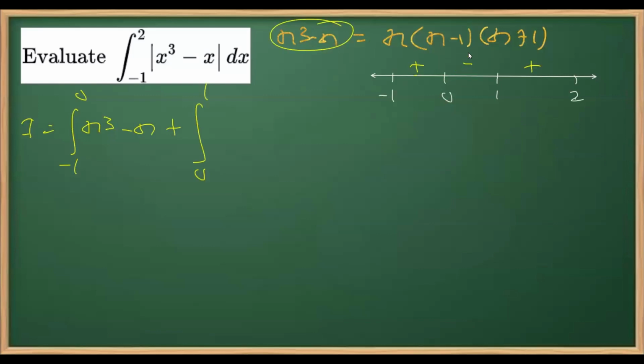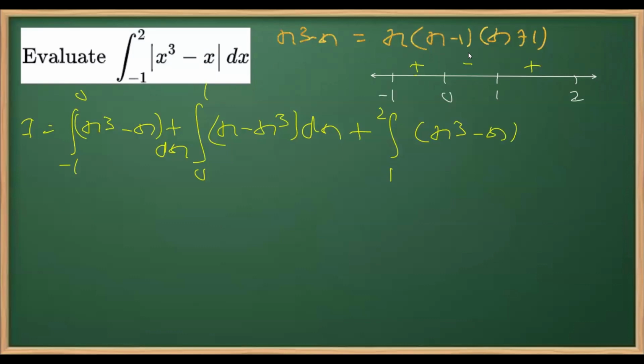So what is negative of this? Can I say this is positive x and negative x cube dx? And for the last, that is positive here, from 1 to 2 limit, the function is x cube minus x dx.